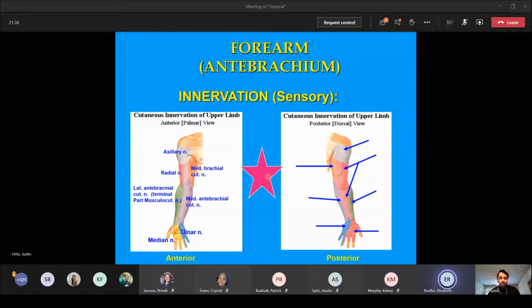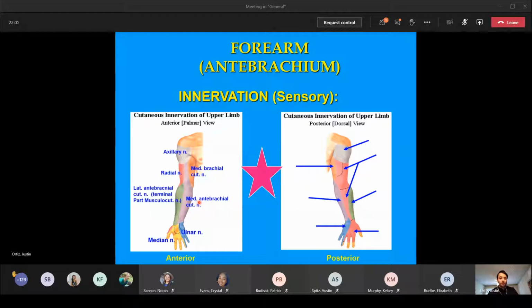Justin, I have a quick question on these slides. When it says medial brachial, is that the median nerve and medial side, or is that the musculocutaneous nerve medial side and lateral side? Yeah. So when we talked about the brachial plexus, these medial as well as lateral antebrachial are going to be small cutaneous nerves coming off the cords of the brachial plexus.